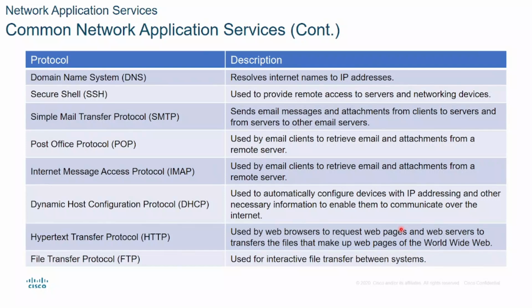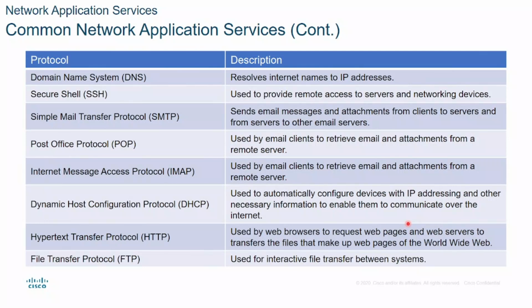The Simple Mail Transfer Protocol sends email messages and attachments from clients to servers and from servers to other email servers. Then the Post Office Protocol is used by email clients to retrieve email and attachments from a remote server.